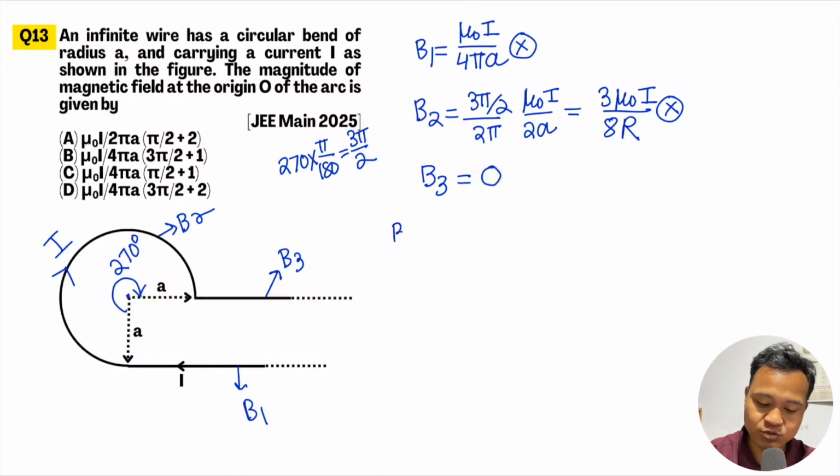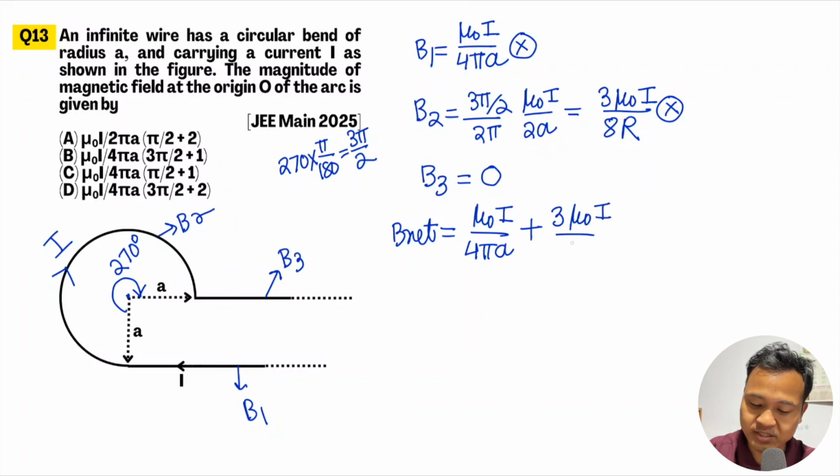So that means B net is B1 plus B2 plus B3. So mu naught into I by 4 pi A plus 3 into mu naught into I by 8R. So mu naught into I divided by 4A common.